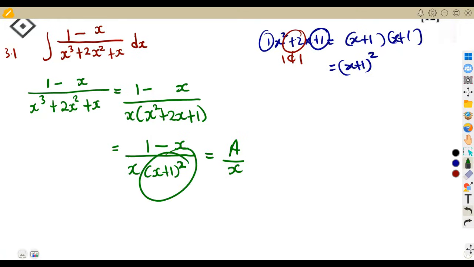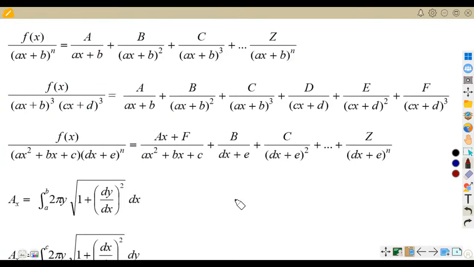Then x plus 1 squared is called a repeated linear, when you are given an exponent like that; it's a linear raised to an exponent of 2.